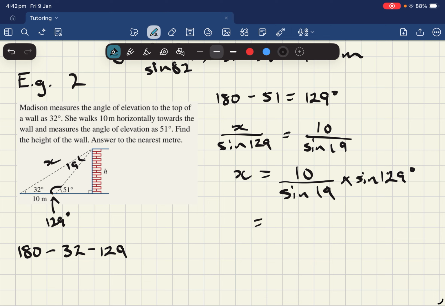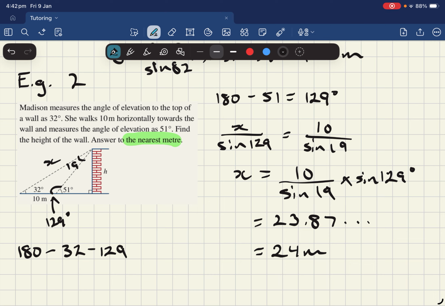So 10 over sine 19 multiplied by sine of 129. Remember we're answering to the nearest meter, you have to read the question. This will give us 23.87... and rounding to the nearest meter, that gives us 24 meters. So that is the height of our wall here.